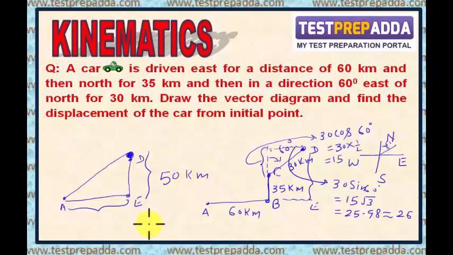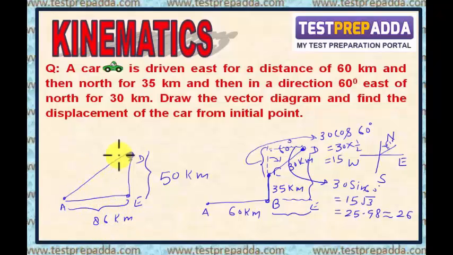And what will this AE be? This will be 60 plus this distance, which we have got as 26. So 60 plus 26 will be 86 kilometers.